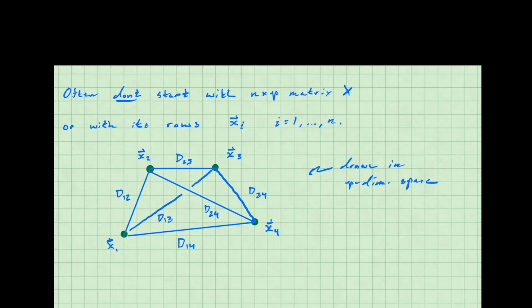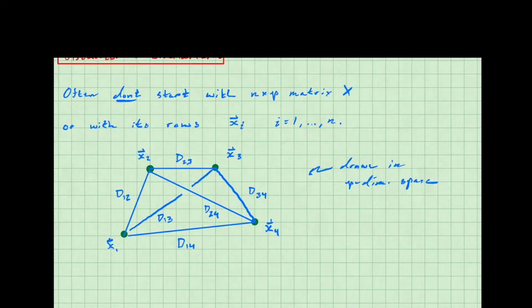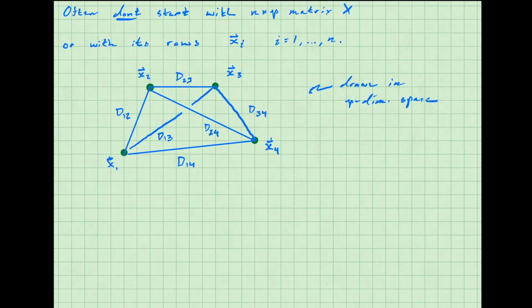So you have a bunch more distances here than you have points. Those distances are often the starting point for your observations. Sometimes you really don't even have the observations, but you only have a notion of these distances. So instead of using x as your starting point, you study these distances.